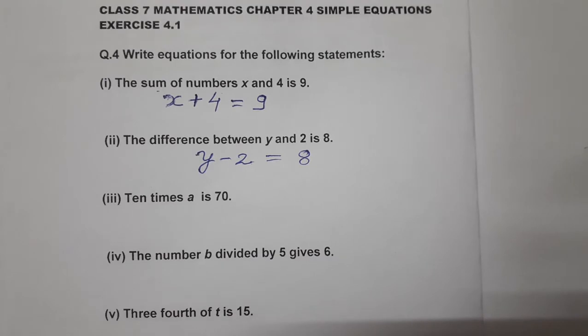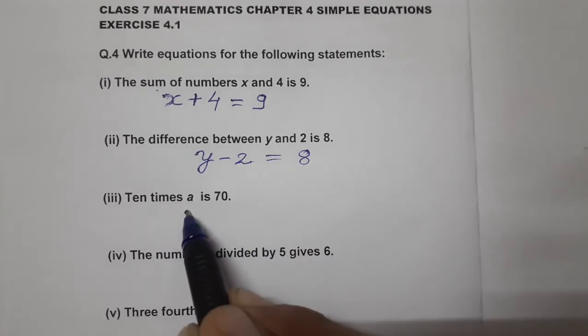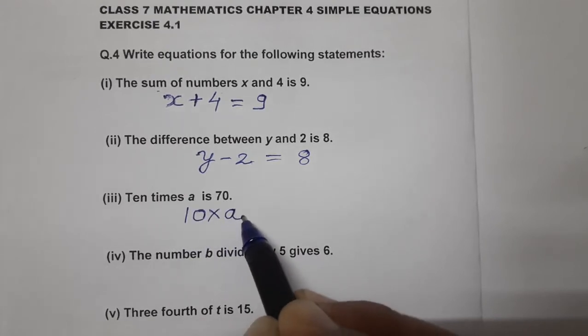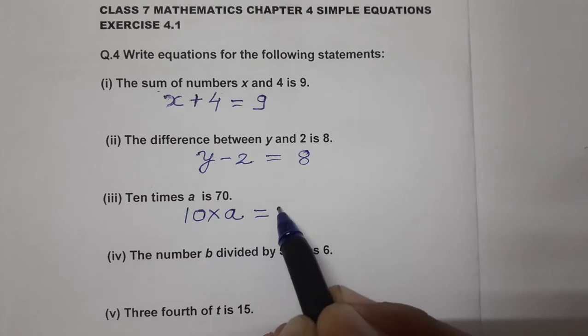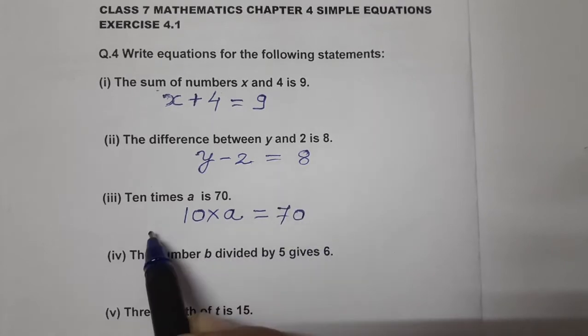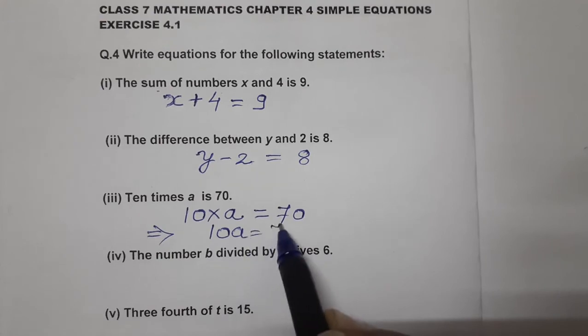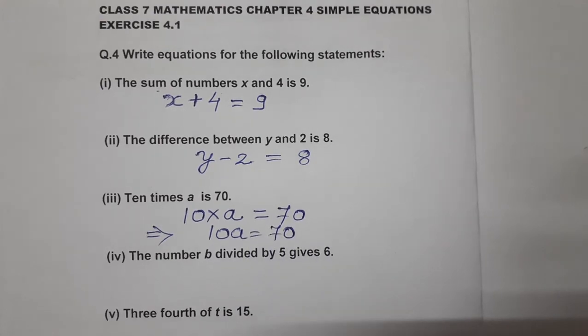Okay. Third one. 10 times a. 10 times means multiply. 10 into a is, means equals to, 70. So we can write this as 10a equals to 70. You can write in this manner. Now, fourth one, read it.